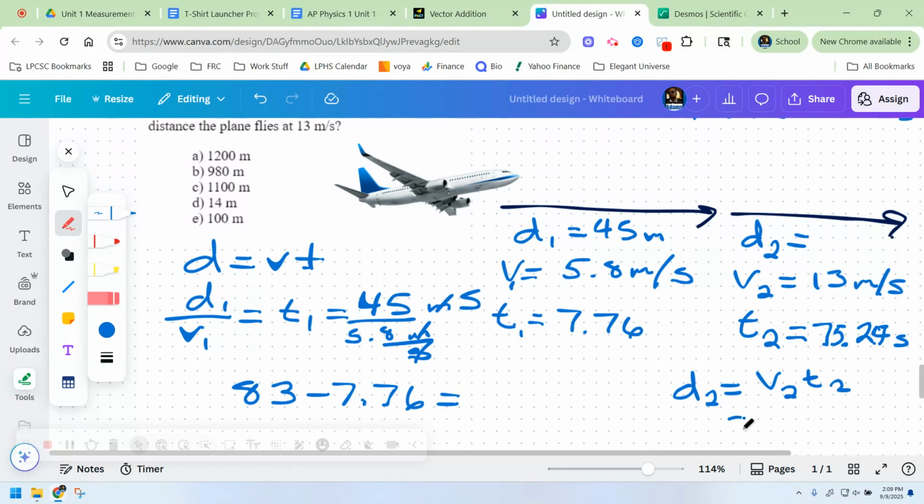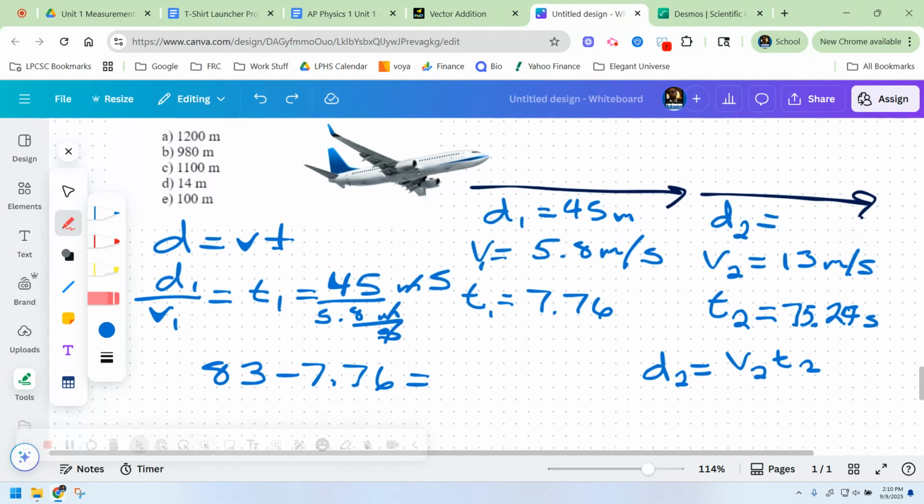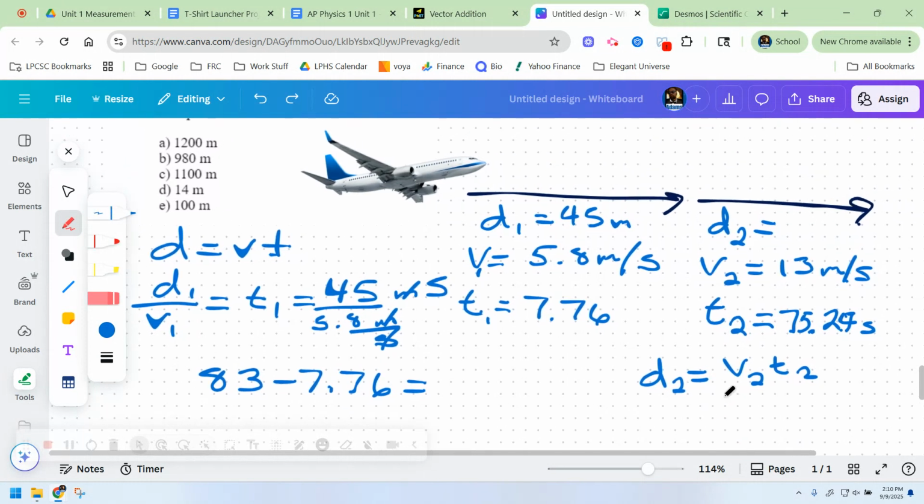So to find this distance, oh, I hate this thing. Okay. I'm just going to take the velocity, which is 13 meters per second, times the time, which is 75.24. And let's see what we get.